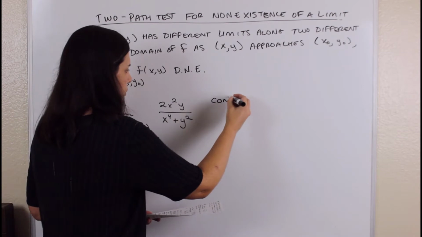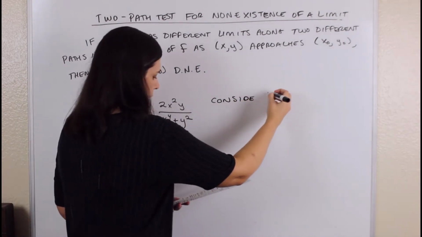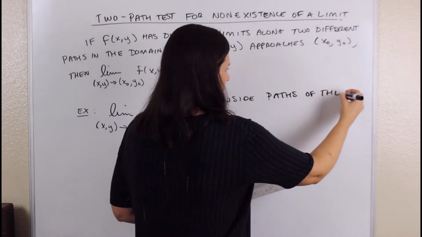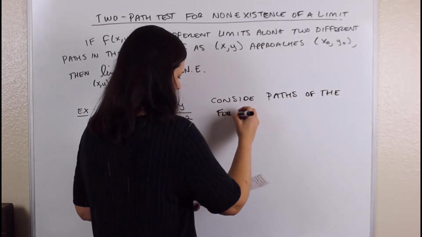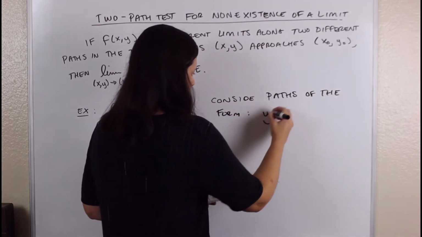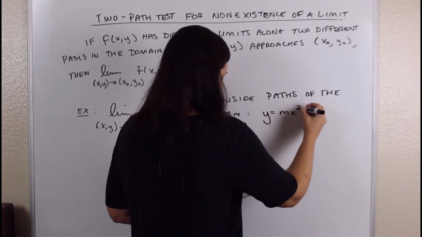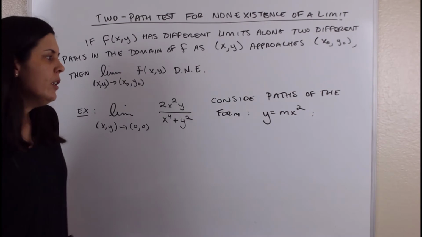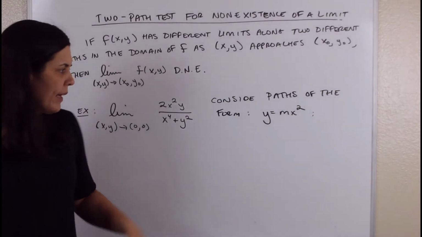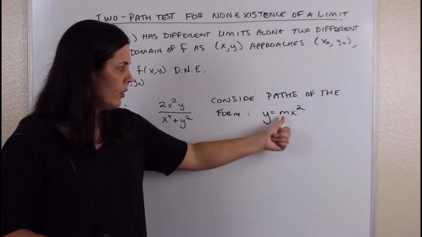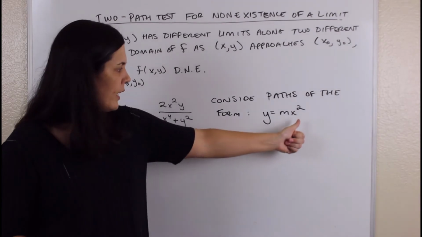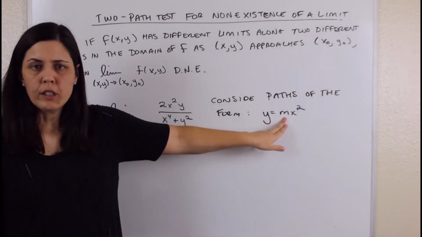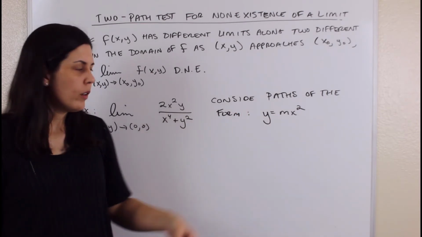I want us to consider paths of the form y equals mx squared. Alright, so these are paths that look parabolic, right? This is x squared times m equals y, so it's some kind of parabola with a coefficient that can make it wider or more narrow.